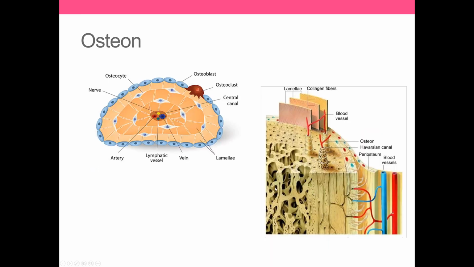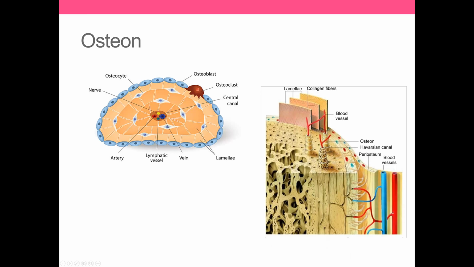So here's a quick review. Up here on the left is a cartoonish version of an osteon to make it simpler and easier to see. You've got your central canal in the very middle with your blood vessels and nerves. You've got your lamellae, which are these layers surrounding it, so these would be concentric lamellae, circular layers.